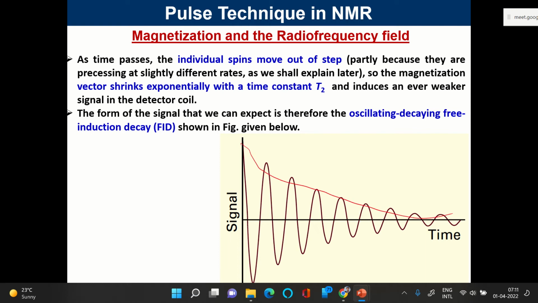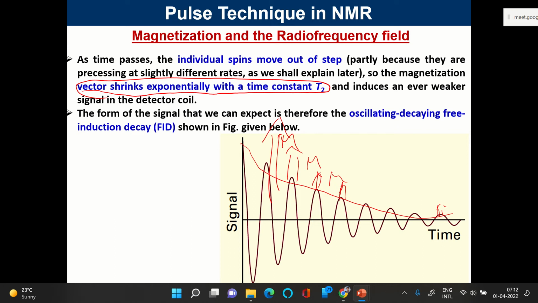This happens because there is relaxation of the spins. When we say that the magnetization vector shrinks exponentially with time, we are talking about a huge value of magnetization that goes on decreasing in magnitude, because some of the spins are changing from alpha to beta, so the net magnetization decreases.